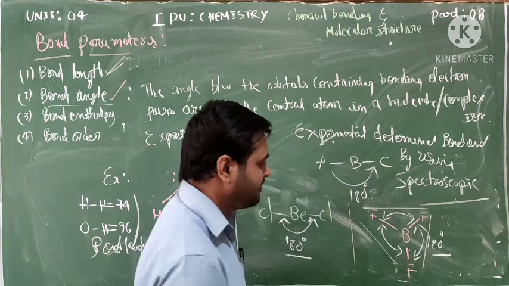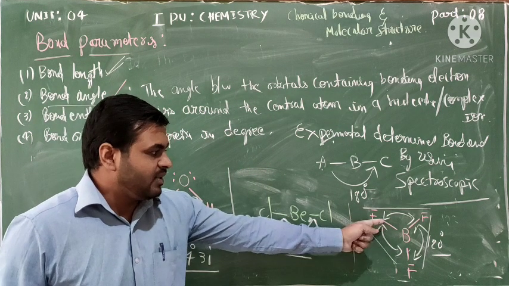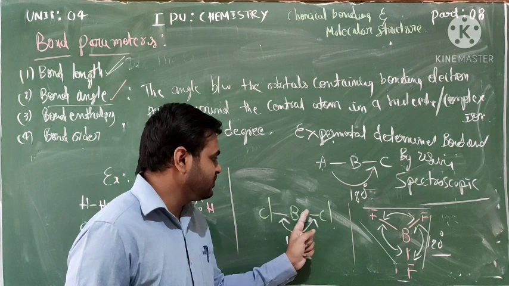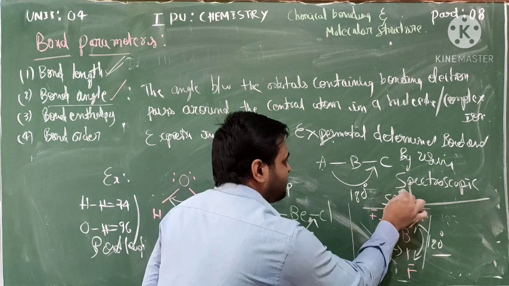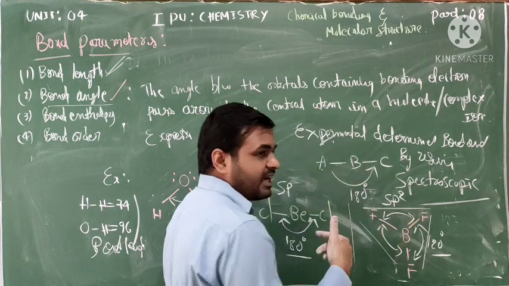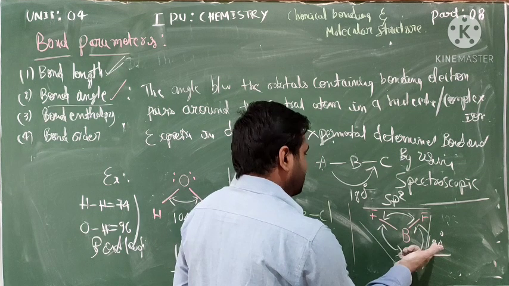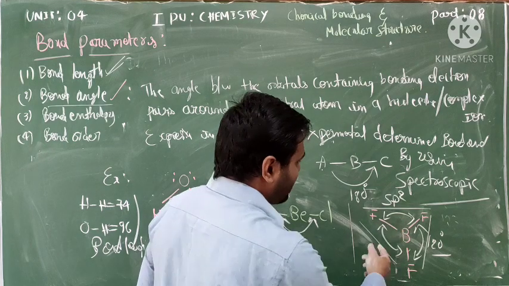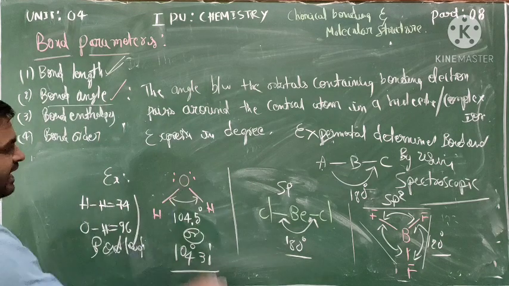This is the structure of a triangle, with 1, 2, 3 bonds, sp2 hybridization. Later we will discuss this. So this looks like a triangle. The bond angle is 180, sorry, the bond angle is 120, 120, 120, so overall 360. So the bond angle of F-B-F is 120. So this is about bond angles.